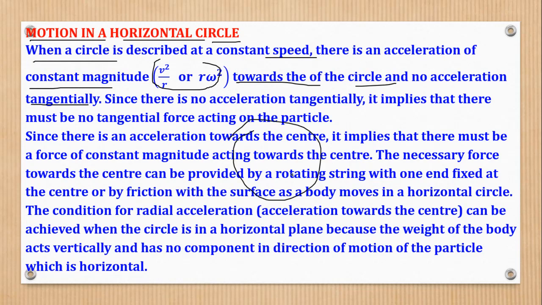So in a circle, the acceleration is always towards the center. Tangentially there is none, because when you resolve along the tangent, it implies a zero component, since this angle is 90.